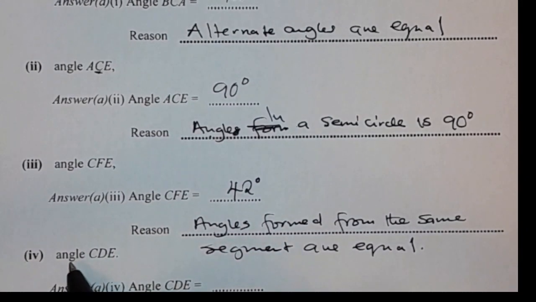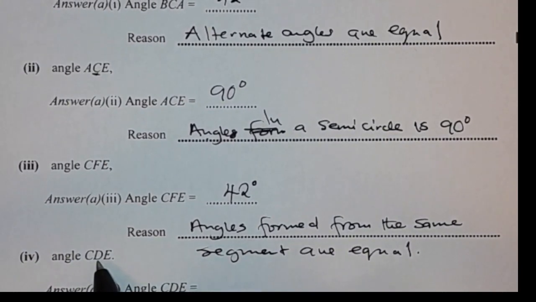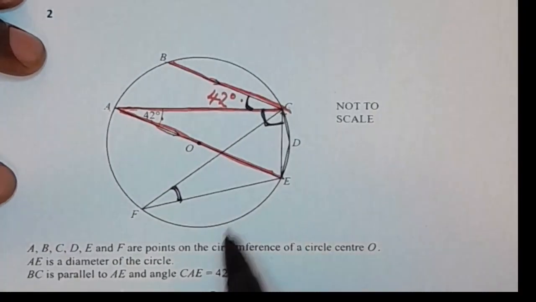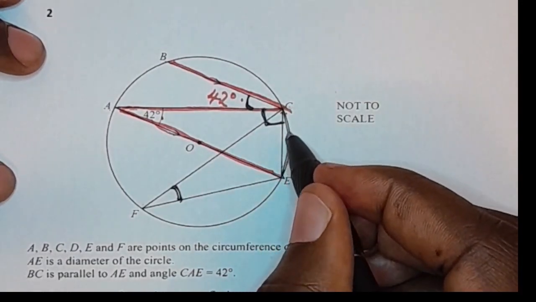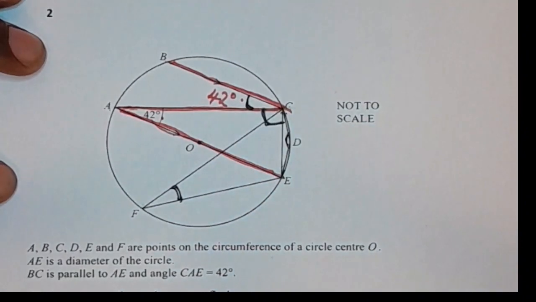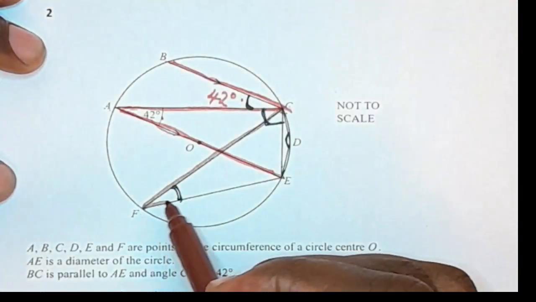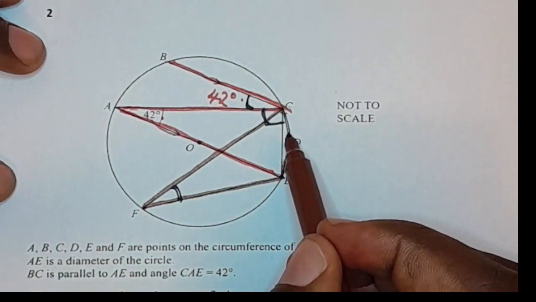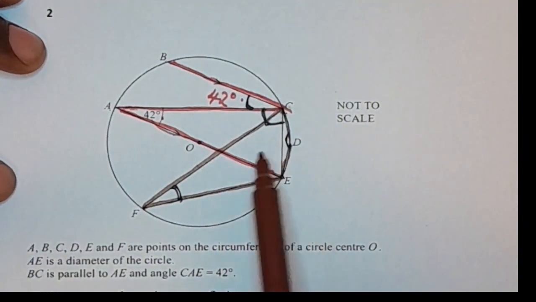Next, they want us to find angle CDE. The letter D is where the angle is. So angle CDE is the angle here which they want us to find. When you look at this shape, this is a cyclic quadrilateral.